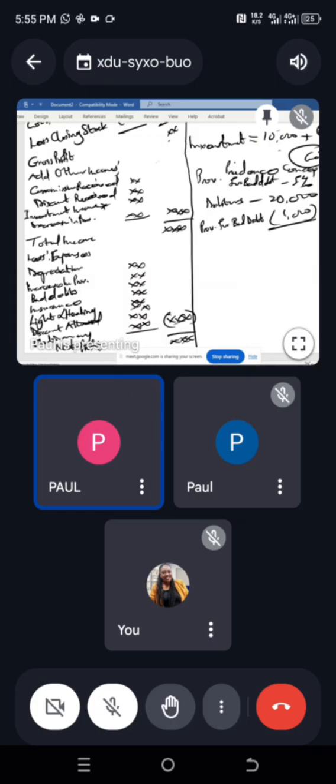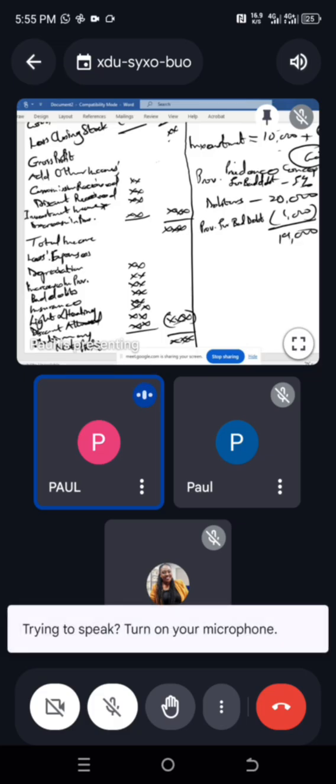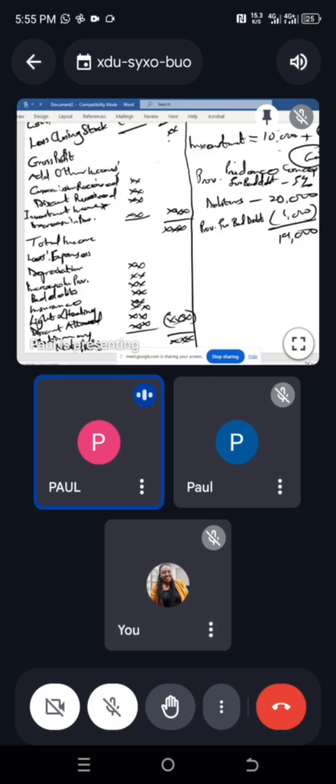Now, here lies the case. You anticipated 1,000, so you got 19,000. Now, if you recover all the 20,000, it means that the provision didn't occur, right?